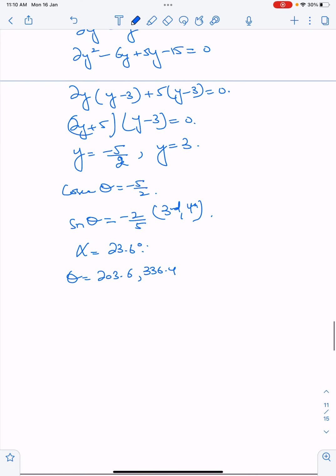One is 203.6 and the other one is 336.4. Now I have to take the other one also, y equals to 3.